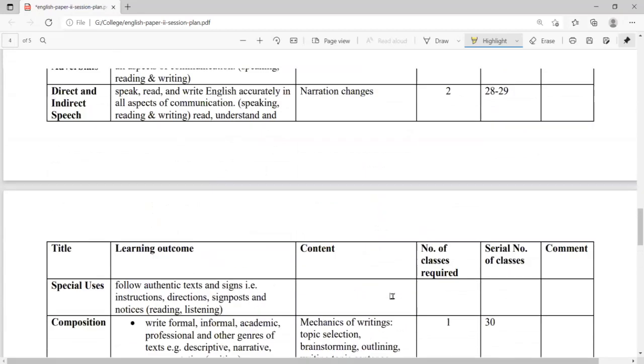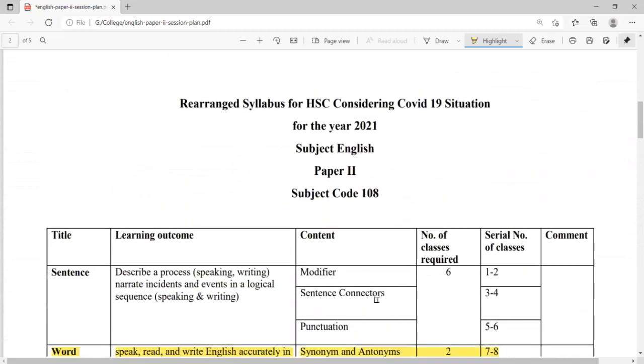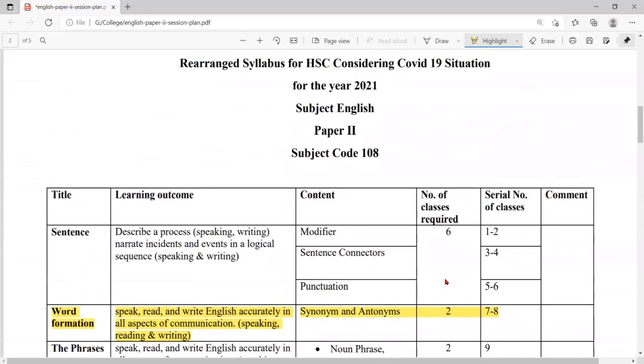So as today's topic is synonym and antonym, I will discuss in detail for you so that you can understand how you have to study on this very topic. Especially the main title of the topic is word formation.